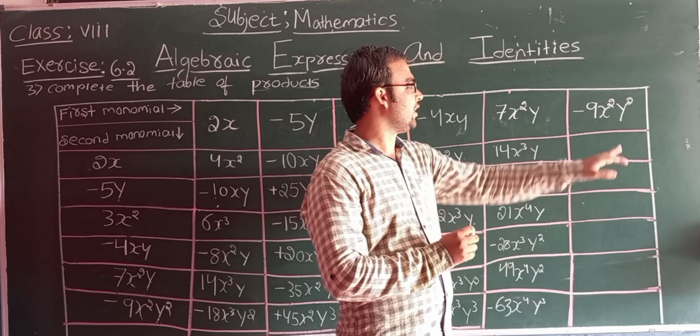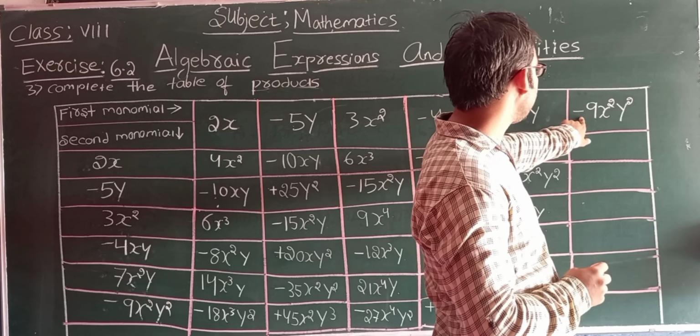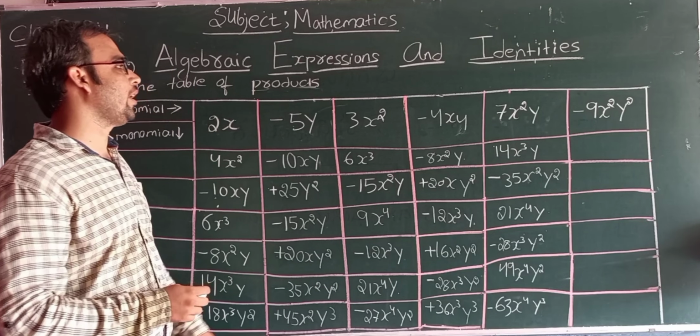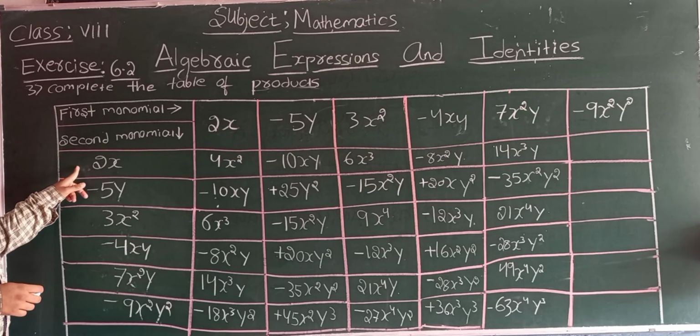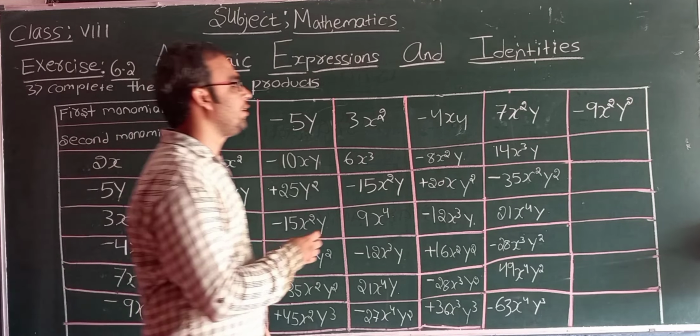Now students, let us see this one, the sixth column. We need to multiply minus 9x square y square with each and every term in this column. Now look at here. So here plus is there, minus. So plus into minus will be minus and 9 twos are 18.